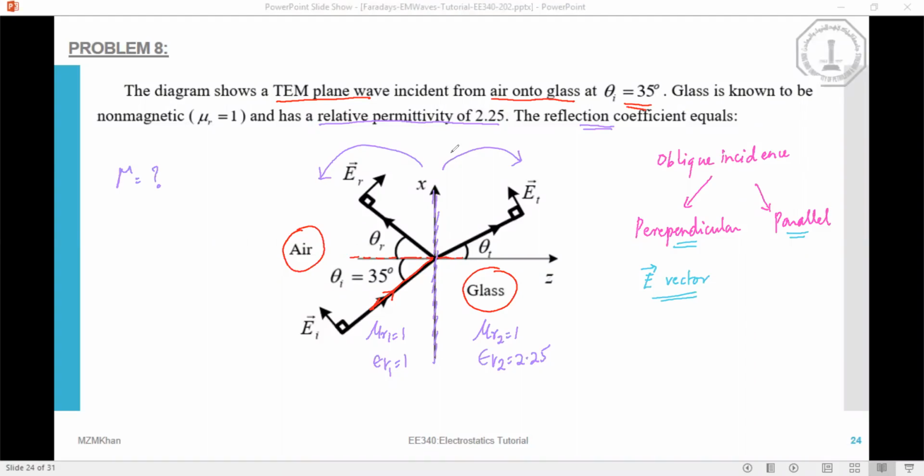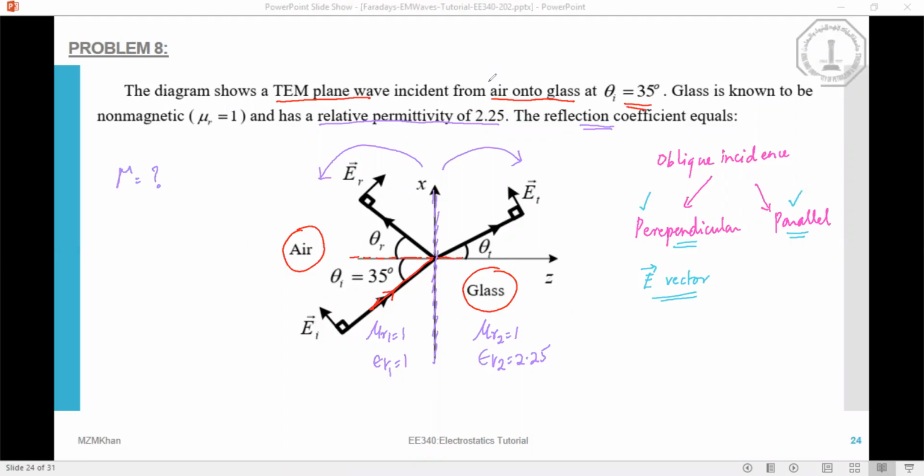So my plane of incidence is nothing but my screen, where all my incident, reflected, and transmitted fields are there. If my electric field is perpendicular to the plane, that means perpendicular to the screen, then it is perpendicular incidence. If my electric field is tangential to this plane, then it is parallel incidence. Now, can you tell me what kind of incidence is this one?